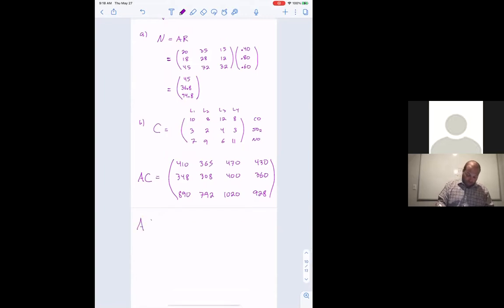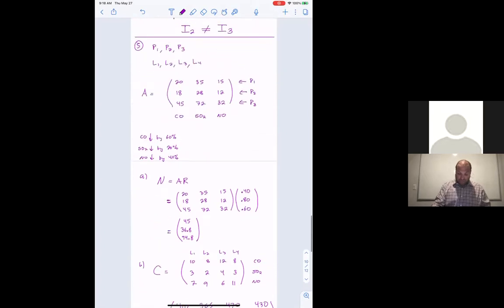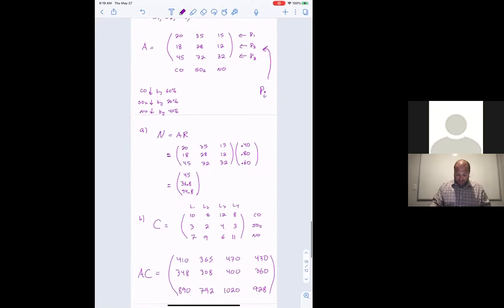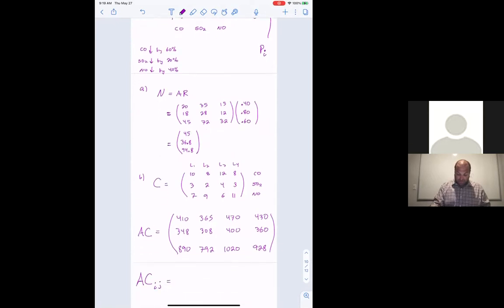So what is the ij entry of AC physically meaning? The ith row entry of AC comes from the ith row of A, which corresponds to the ith plant, and the jth column of C comes from the jth location.